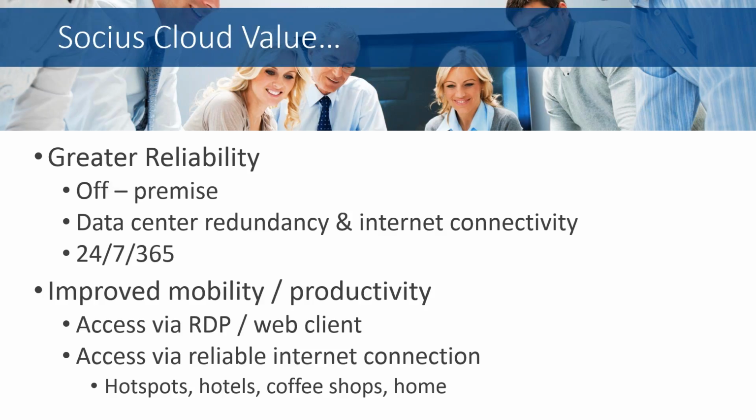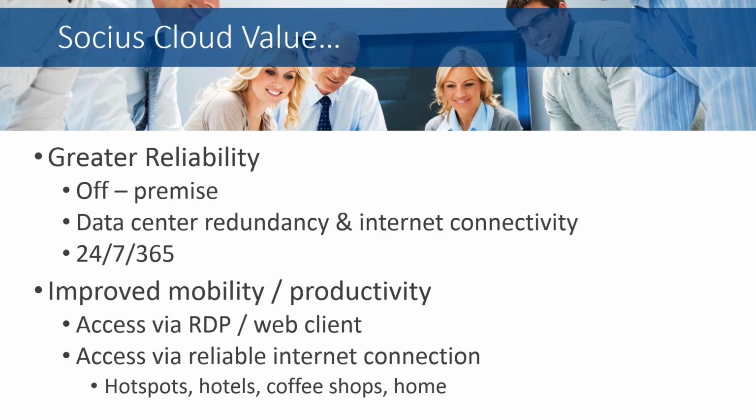By migrating to the cloud, you have greater reliability. Basically, it's off-premise. Now, the cloud, as you all understand, is very much like what you see on-premise. The difference is that the equipment typically is newer, much more reliable, and most importantly, it's off-premise.